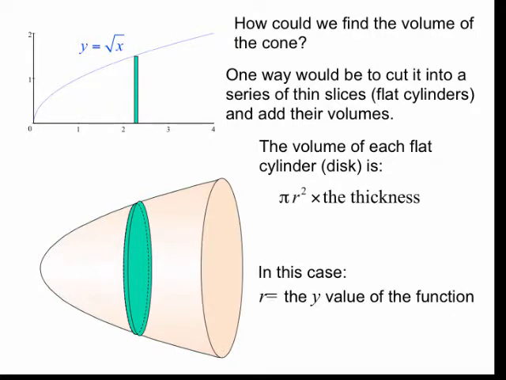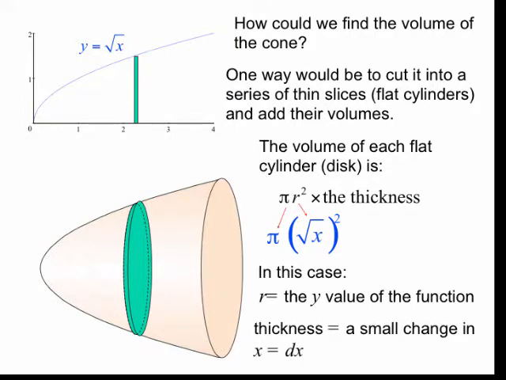In this case, the radius would represent the y value of the function, y equals root x. So for a given value of x, you plug that value of x into the root, and you get the radius. So our expression becomes pi root x squared, and the thickness is a piece of x, so that's dx.